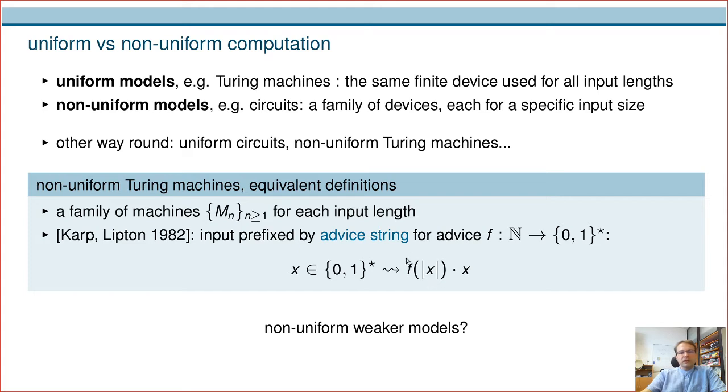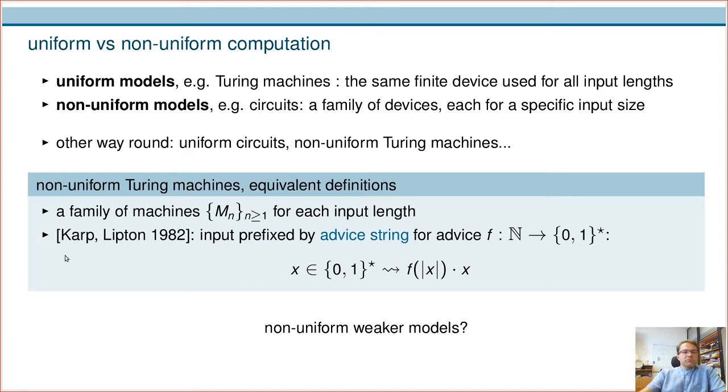So this is the advice and then this is the input word, and you can think of it as a description of the machine that is used to process words of this length. So it's immediately seen that these two definitions are in fact equivalent.